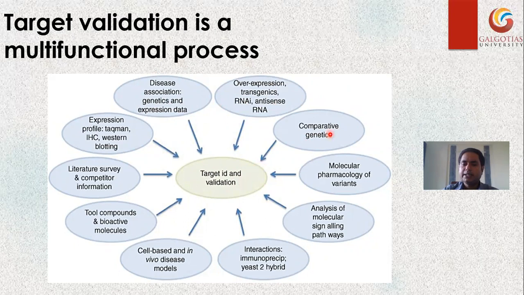The comparative genetics, molecular pharmacology of variants, analysis of molecular signaling pathways, interaction, immunoprecipitation, two-hybrid method, cell-based and in vivo disease models, tool compounds and bioactive molecules, literature survey and competitor information, the expression profile, TaqMan, IHC, Western blotting, all can be used for target ID validation.